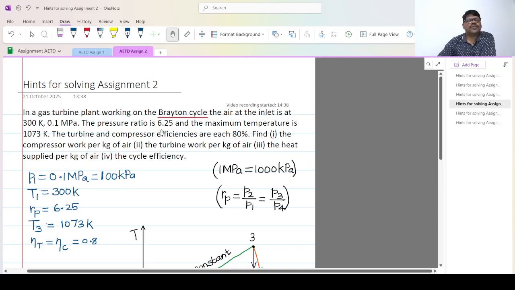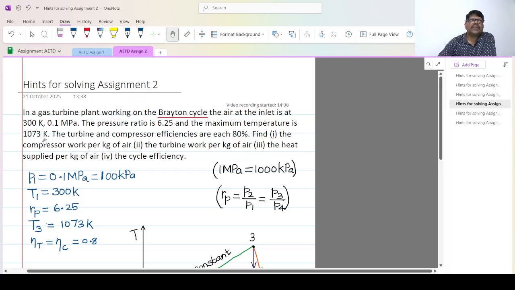Next, the pressure ratio is 6.25. Normally, in the Brayton cycle, we use the notation RP for pressure ratio. So it is written that RP is equal to 6.25. The maximum temperature is 1073 Kelvin.